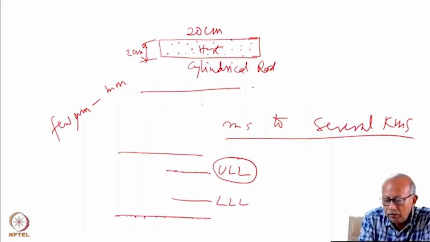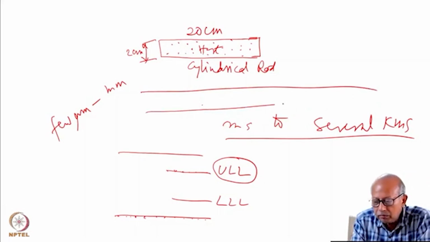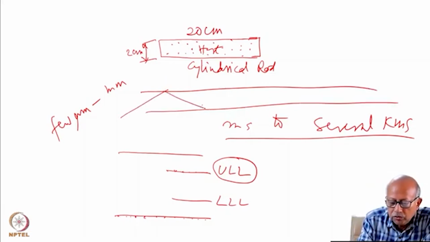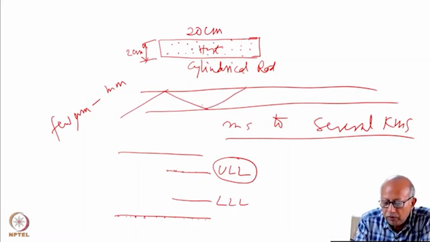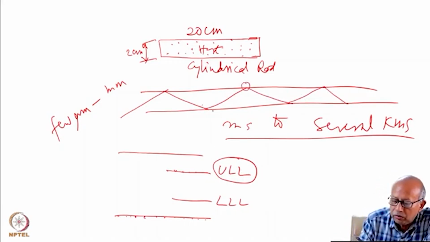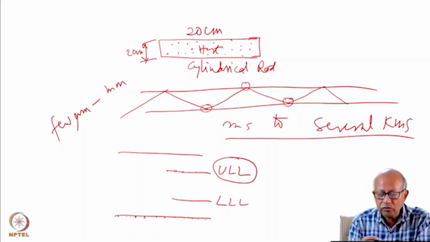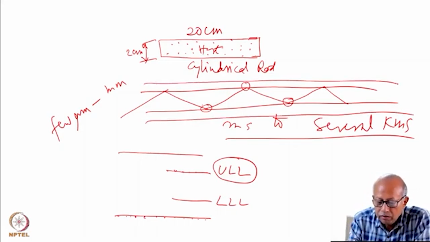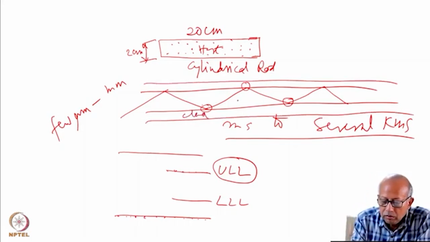Now, if I draw it on a bigger scale, this is a fiber, and this pump beam has been launched, so it is traveling down the core by these zigzag paths, undergoing total internal reflection every time it interacts with the core clad interface. This is the clad, this is the core.